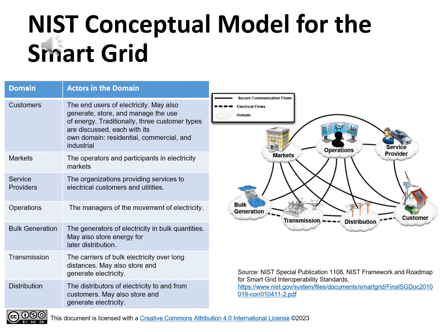The National Institute of Standards, NIST, adopted the approach of dividing the smart grid into 7 domains: customers, markets, service providers, operations, bulk generation, transmission, and distribution domains. Each domain encompasses smart grid actors and applications.